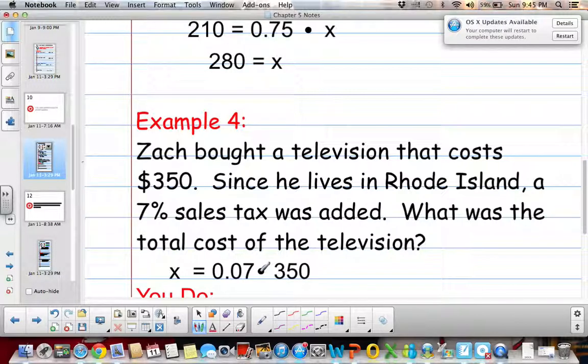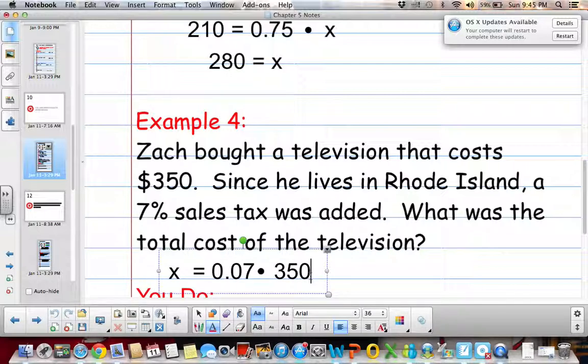That tells us that there's that much tax on it. So I'll write it as x equals 24.5. I'm going to write that as money so we remember. 24.5 is the same as $24.50 in money.